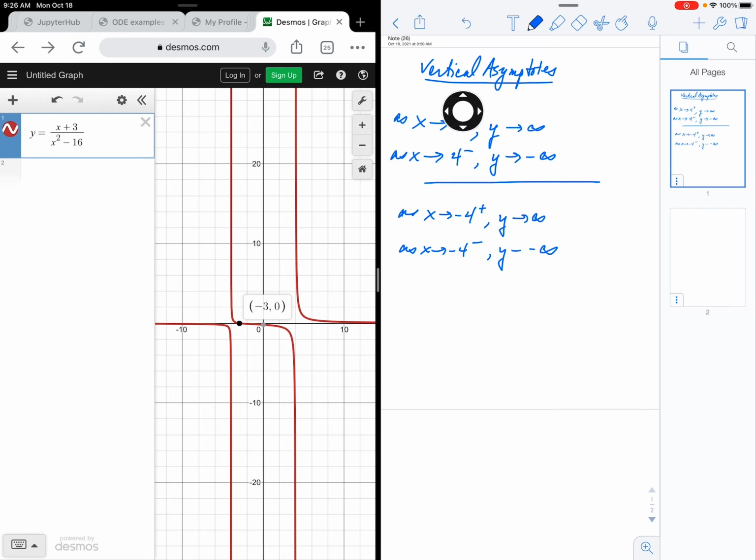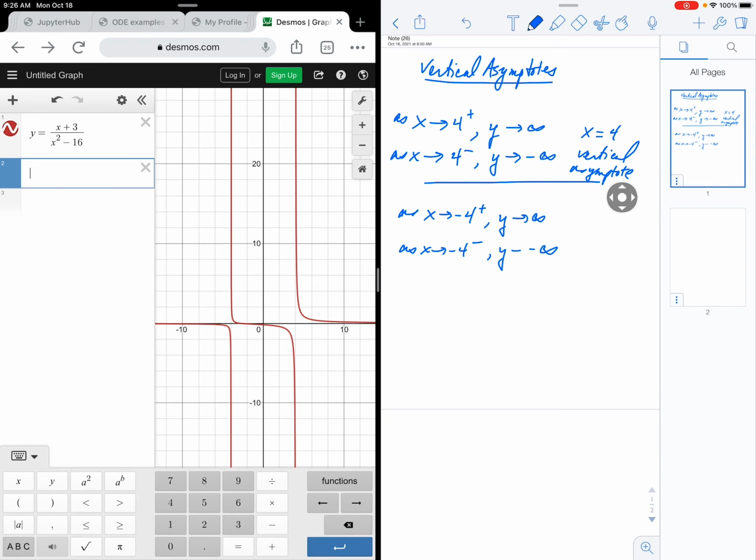And if either of these conditions occurs, we write that the line x equals 4 is a vertical asymptote. If as you approach 4 from the left or from the right, y goes to infinity or negative infinity, then we say that the line x equals 4 is a vertical asymptote.